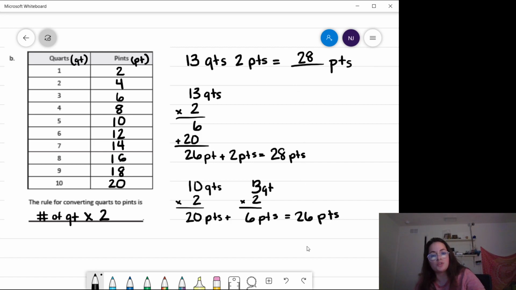Don't forget to add on those 2 that we had up there. That's the thing with mixed units. We need to make sure that we are thinking of all the units that are given to us. So same thing, 28 pints.